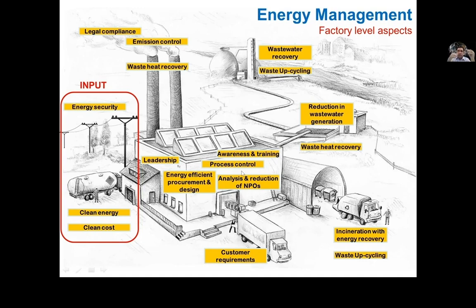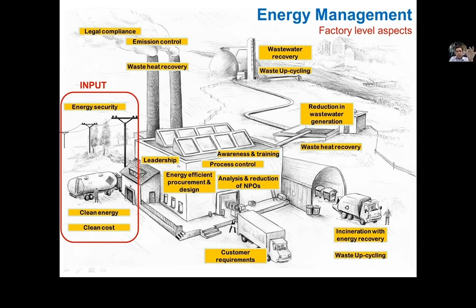So are the people aware of energy losses or not? Then analysis and reduction of NPOs. NPO is a non-product output, and any inputs which do not end up in the final product are called non-product outputs. So we have either product outputs or non-product outputs.